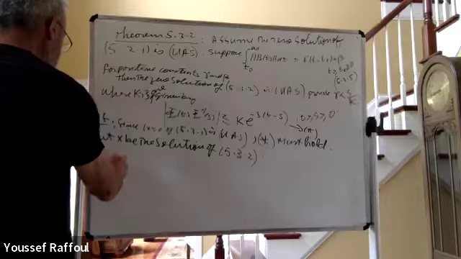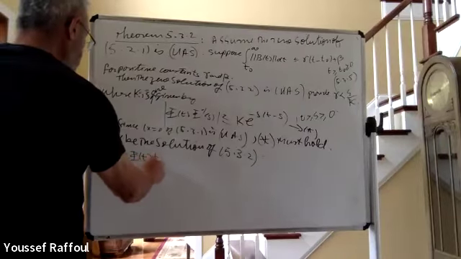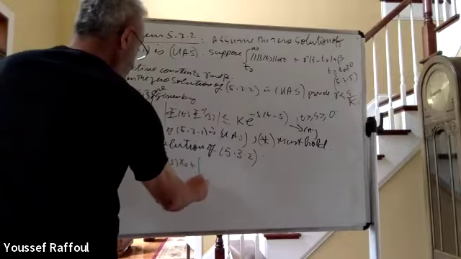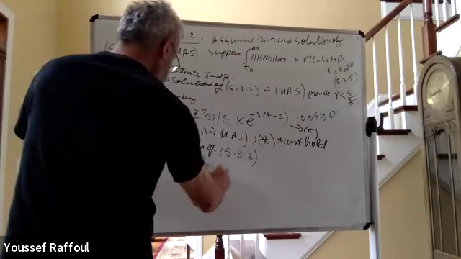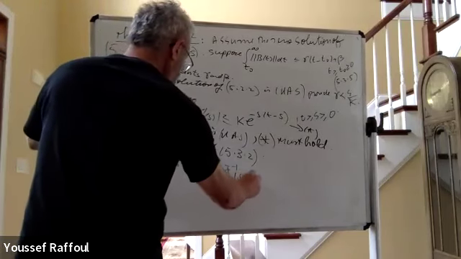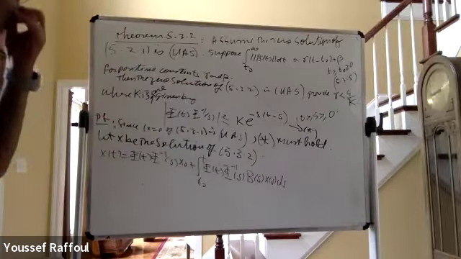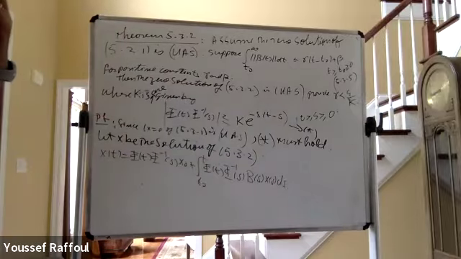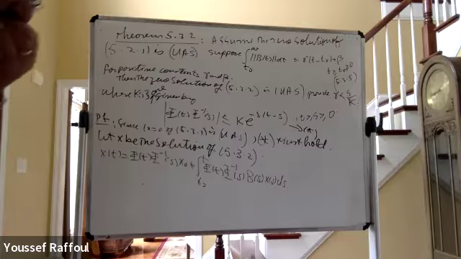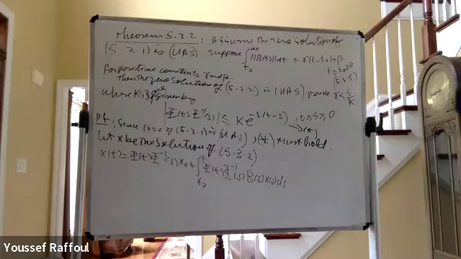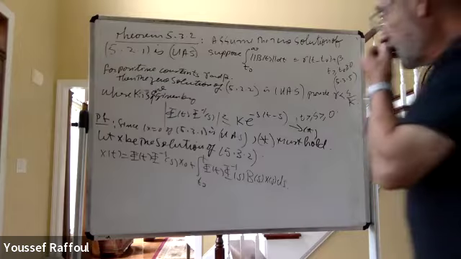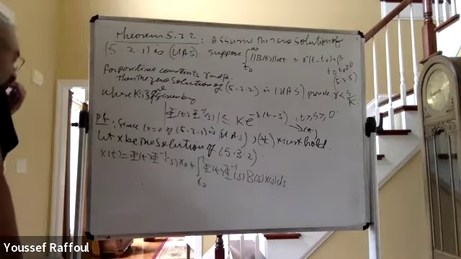Then x(t) equals phi t, phi inverse of s, x naught, plus the integral from t0 to t of phi t, phi inverse of s, B(s), x(s), ds. Any questions?